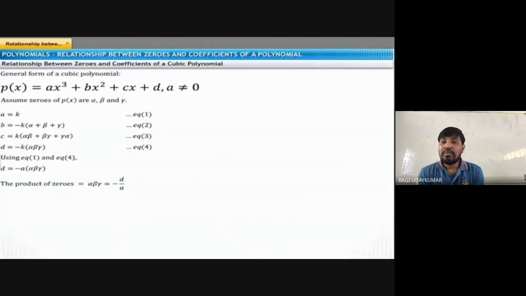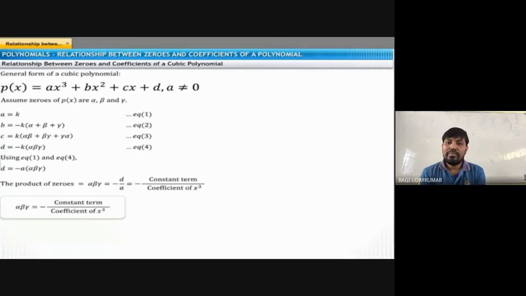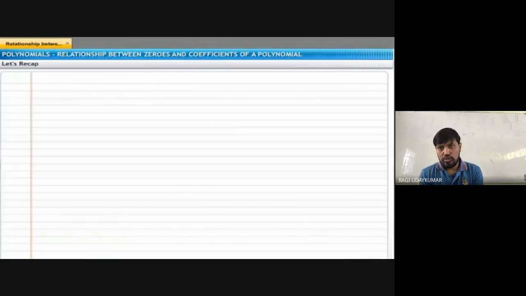Sum of the zeros we are going to get minus B by A. Means alpha plus beta plus gamma is equal to minus B by A. Alpha beta, beta gamma, gamma alpha is equal to C by A. And alpha beta gamma is equal to minus D by A. So one with a minus, another one with a plus, you are going to get. So this is the relationship between the zeros and coefficients of the cubic polynomial.